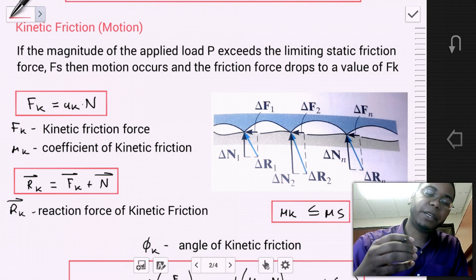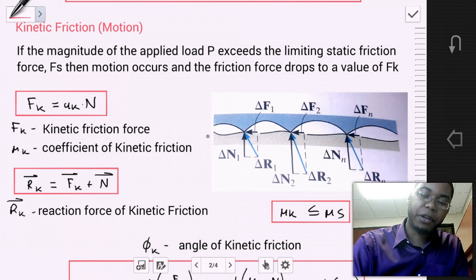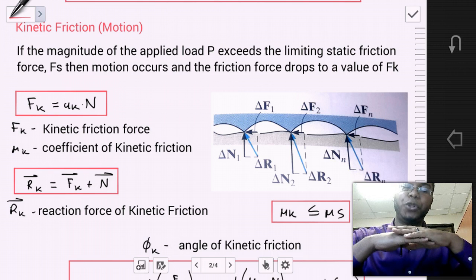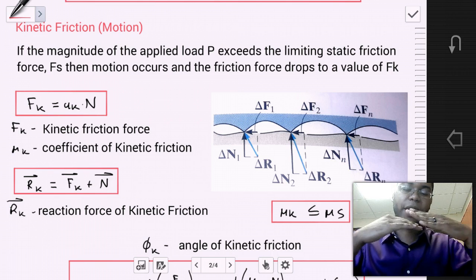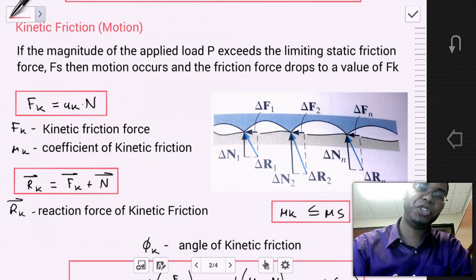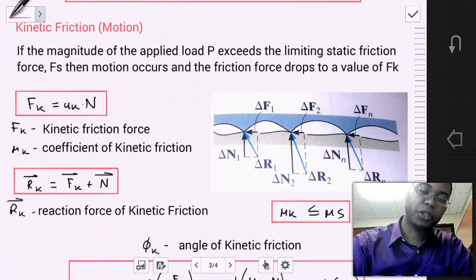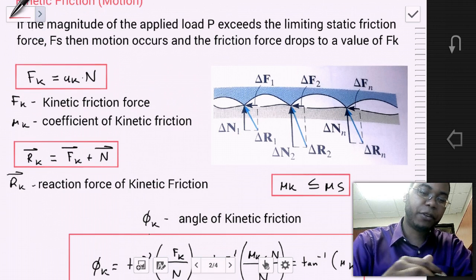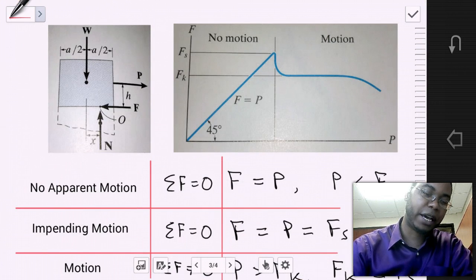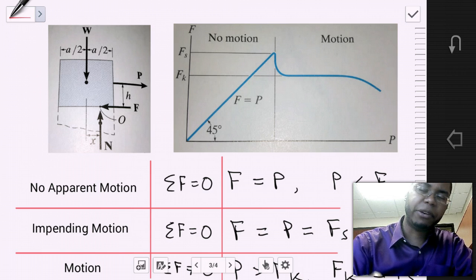This is because as motion occurs, the actual contacting surfaces will degrade, and the frictional coefficient will decrease, leading to a lower value of the kinetic friction force. So it's very important to remember that our kinetic friction force is typically less than or equal to our static friction force.